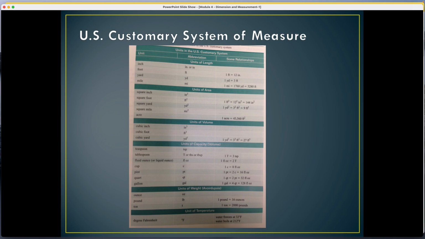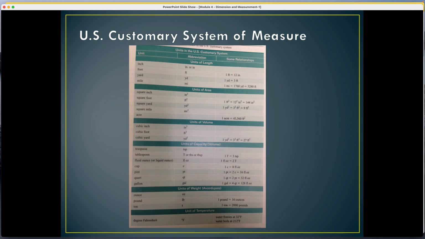And then for units, if I go to area, I need to multiply by the same factors twice. Or if you're going to do it a lot, you go ahead and use the squared factors. Or if you're going to do volume, you use the cubed factors.